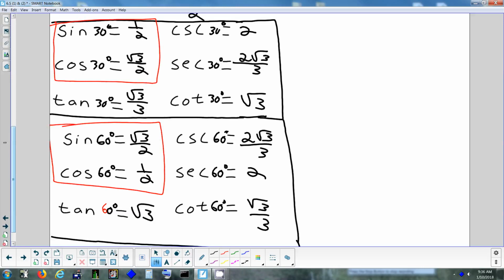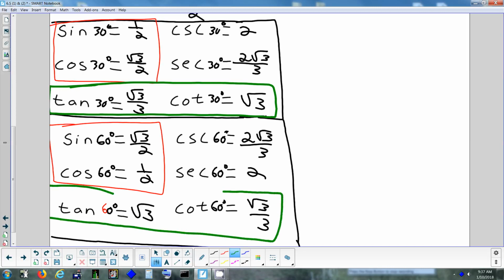Okay. What else? Yeah? The tangent and cotangent changed. Yep. The tangent switched places with the cotangent. Okay. And then the last 2 that switched places, secant, cosecant.